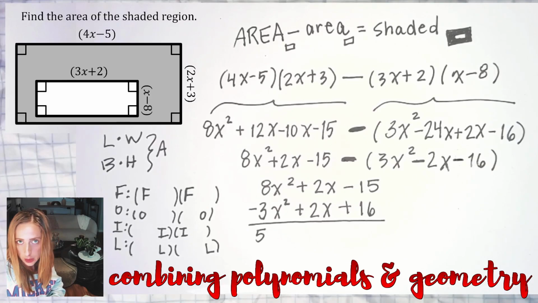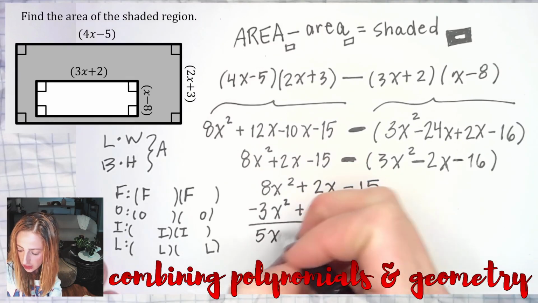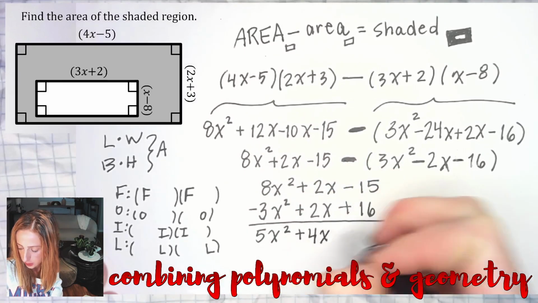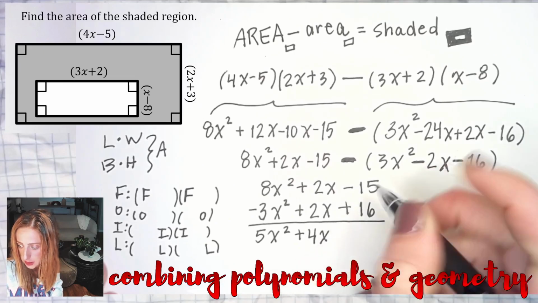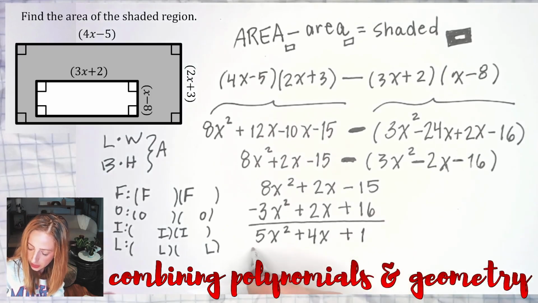If you're adding radical 3, 5 radical 3 minus 2 radical 3 equals 3 radical 3. The radical 3 doesn't change, okay? Just like bananas: 5 bananas minus 2 bananas is 3 bananas. So this here is 5x squared. You're adding, so you have 4x now, and then negative 15 plus 16 is plus 1. So there you have it.